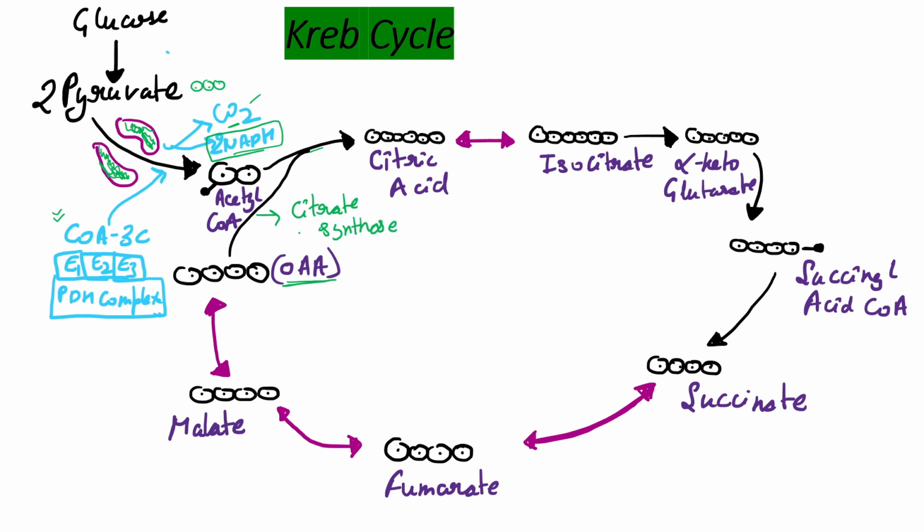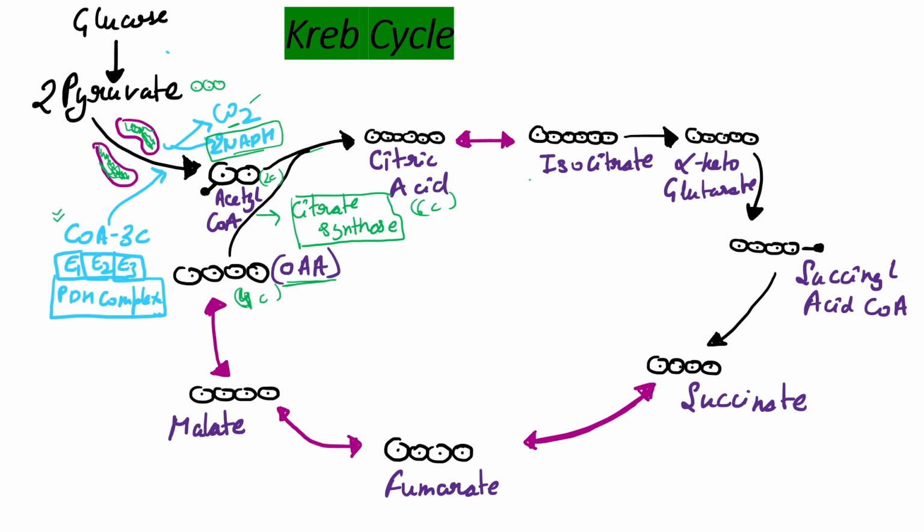So acetyl coenzyme A and oxaloacetate are together forming citric acid. As you can count, acetyl coenzyme A is a 2-carbon molecule, and oxaloacetate is a 4-carbon molecule. So citric acid would be a 6-carbon molecule, right?